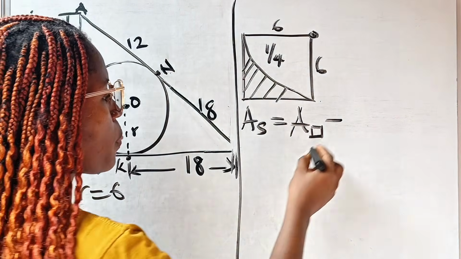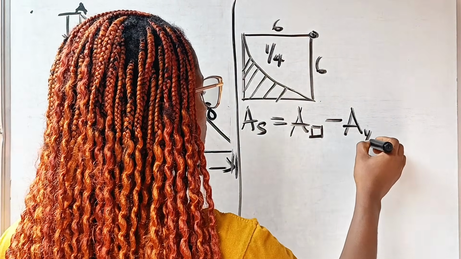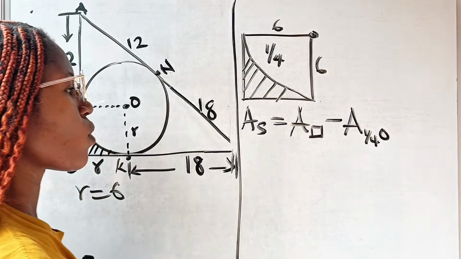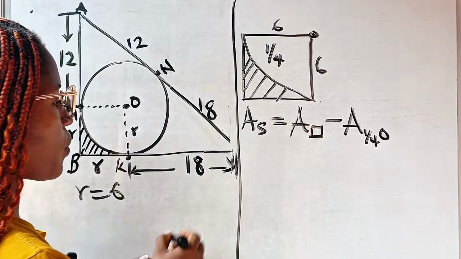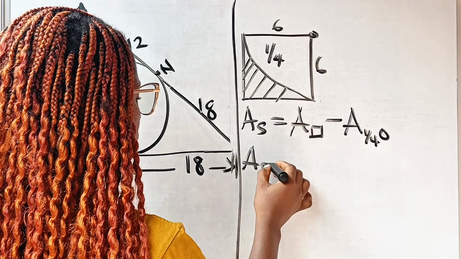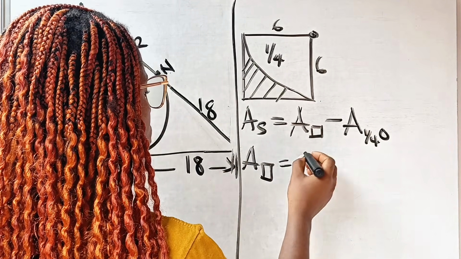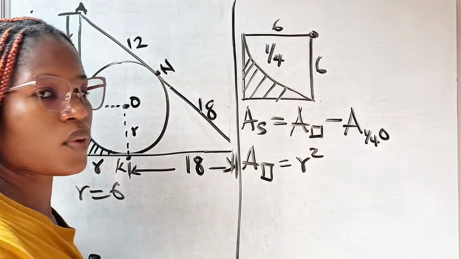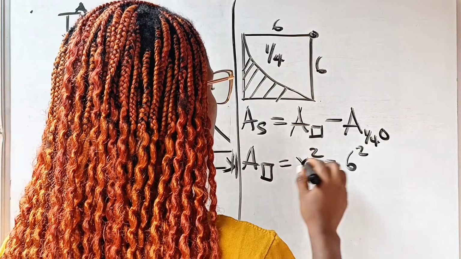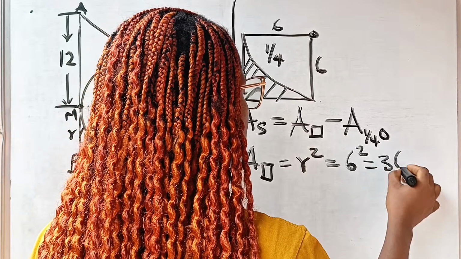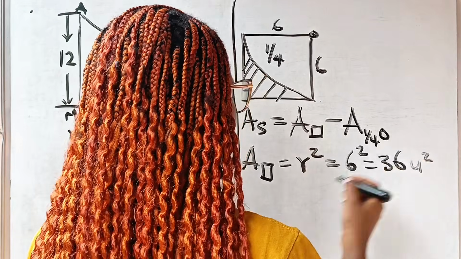Now we can easily get the area of a square. Area of a square is length squared, which is r squared, which is 6 squared. That means the area of the square is 36 units squared.